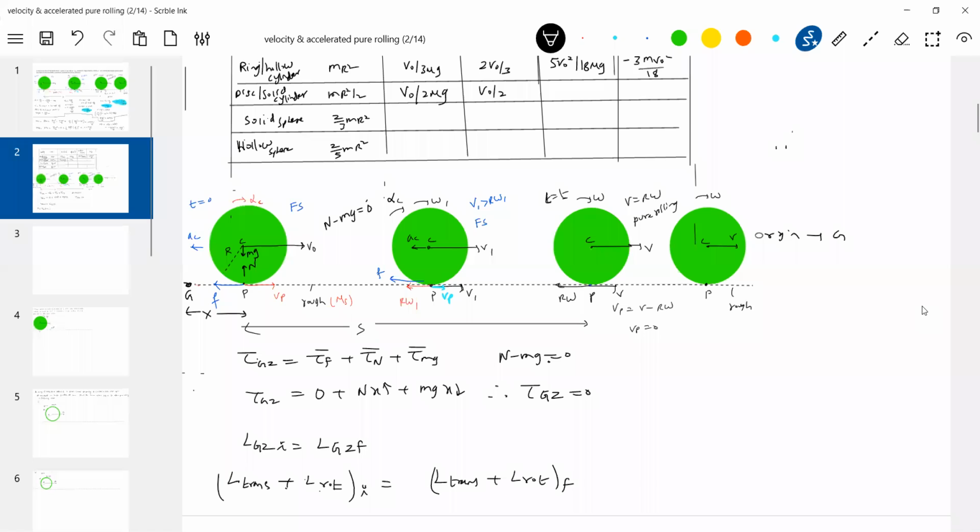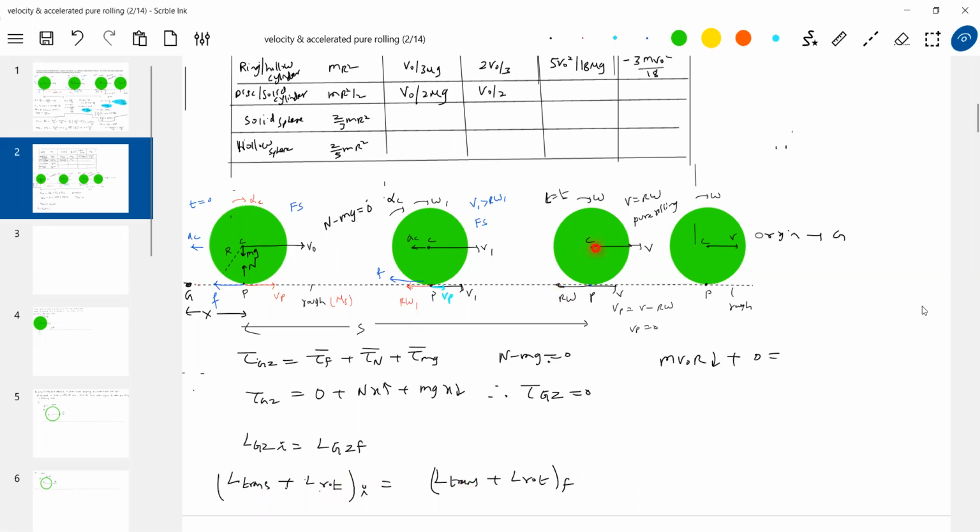Now what is the angular momentum due to translatory motion initially? m v naught r only, clockwise. There's no rotatory motion, 0. R sin theta will become capital R. So only due to translatory motion of center of mass about point G, it is m v naught r; no rotatory motion initially, 0.